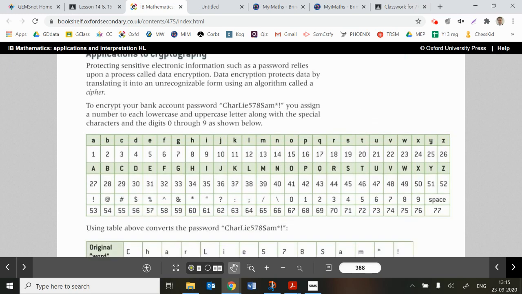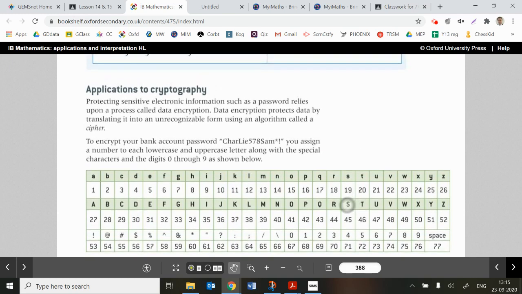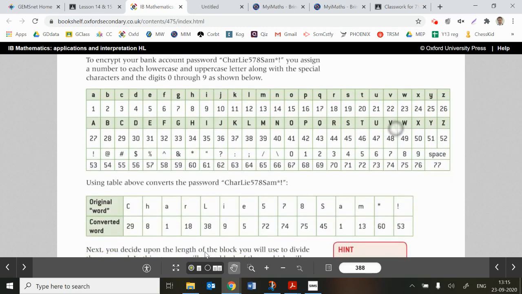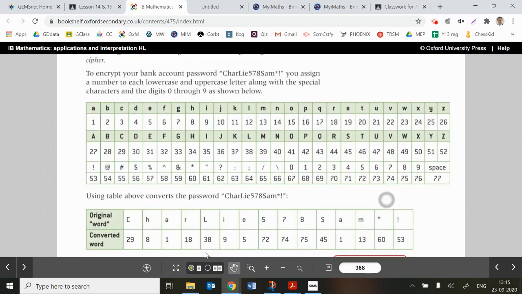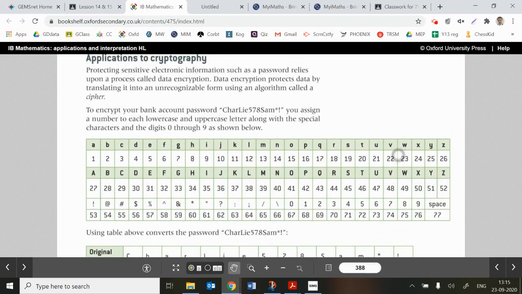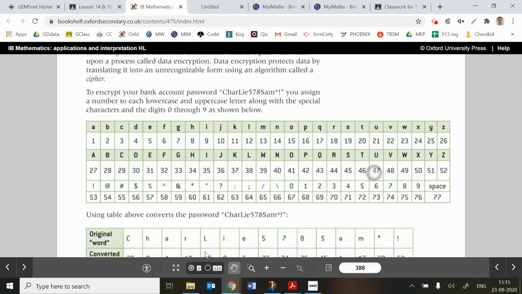However, there's a little extra bit here on the applications to cryptography, which is pretty nice. Again, you can read this at your own pace if you wish to, but just to talk about it very briefly, they're saying, look, here's a bank account password, Charlie 578 Sam, star and exclamation mark.